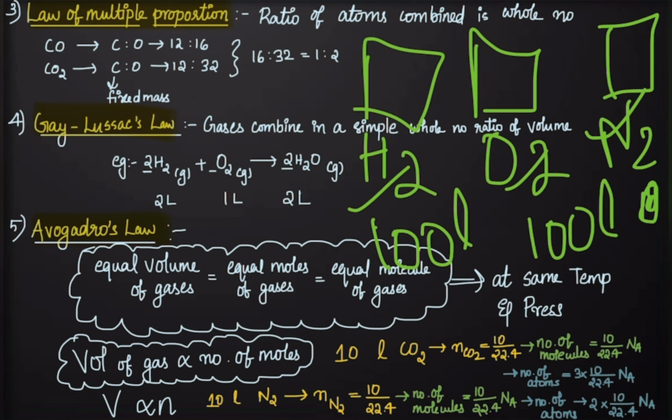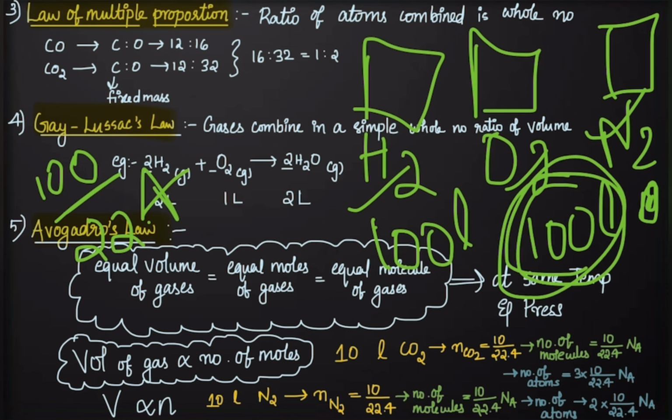The number of moles of hydrogen will be 100 divided by the molar volume, 22.4. For oxygen, given volume divided by molar volume is 100 divided by 22.4. Here also 100 divided by 22.4.